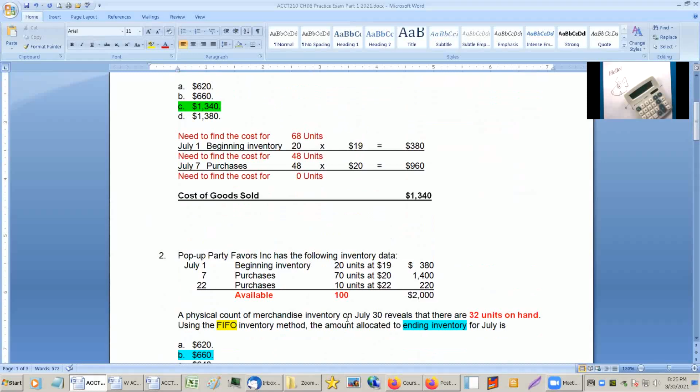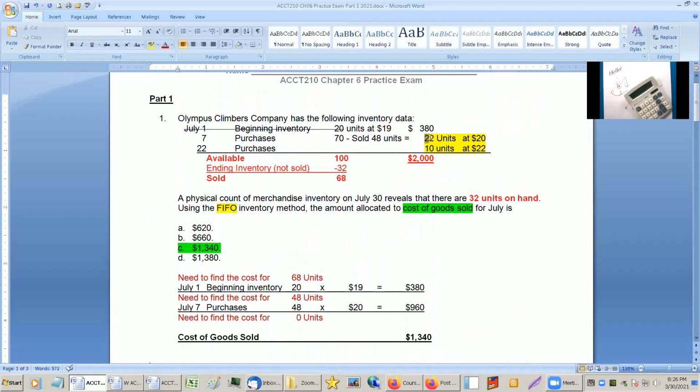Now, for the ending inventory, you can do it one of two ways. You could take these two, 22 at 20 and 10 at 22.